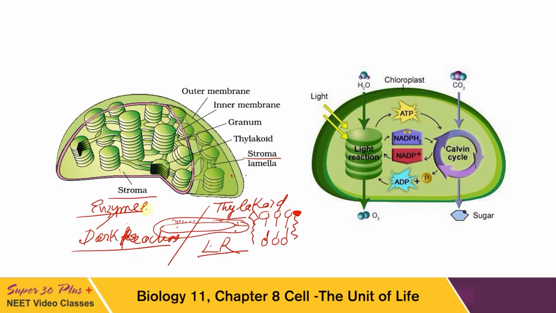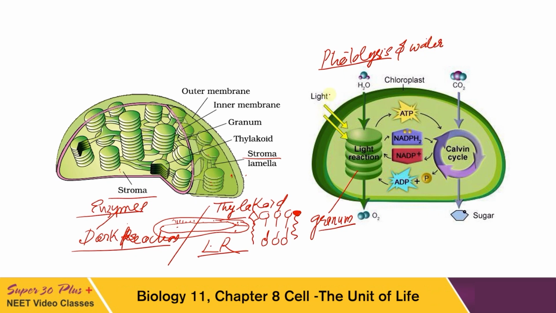So we have to correlate the function also. I'll give you a brief account here. This is the thylakoid, and this one is the granum, which has the photopigment. It will trap the light energy. Water will go inside, and photolysis of water will take place here.